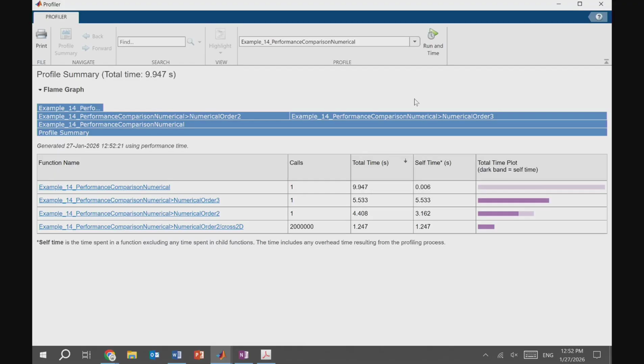And we get execution times, order n square, 4.4. And order n cube, 5.5. So for this problem, right, problem size where the better algorithm wins is 1,000.